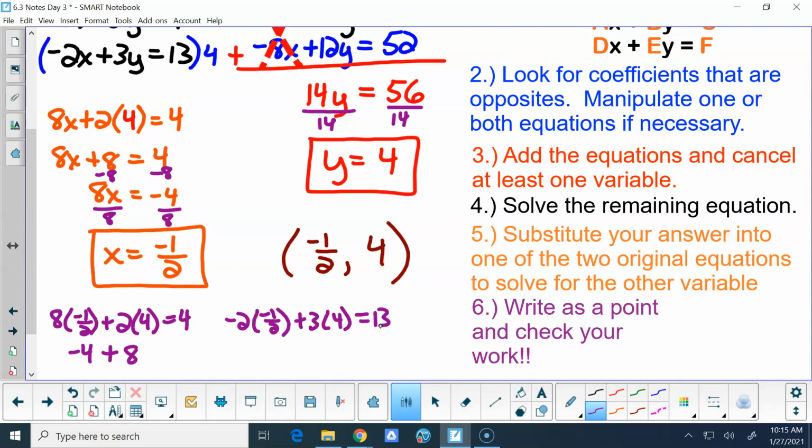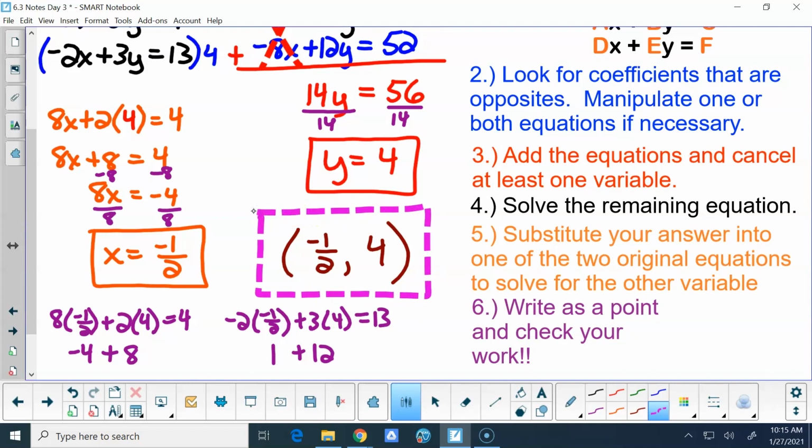Negative 2 times negative 1/2 is positive 1. 3 times 4 is positive 12. 1 plus 12 is 13. Checks out. So shabam, those two lines intersect at the point negative 1/2, 4.